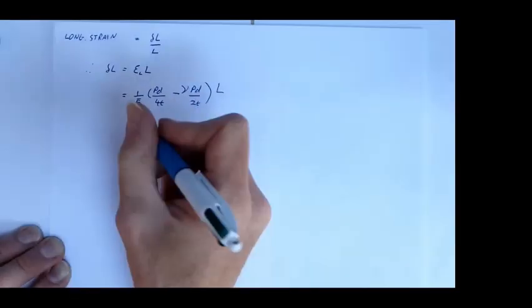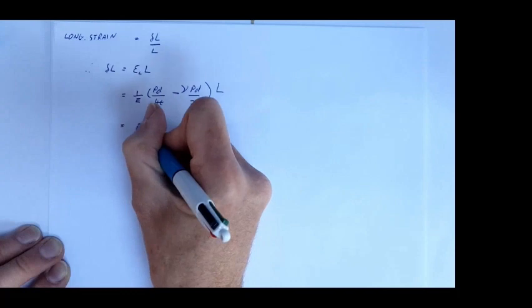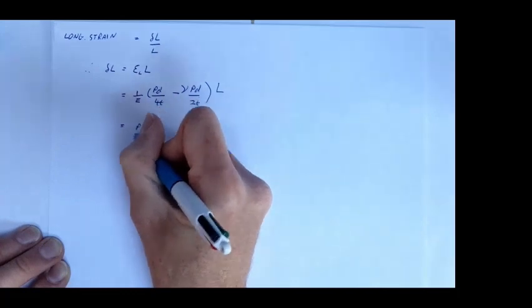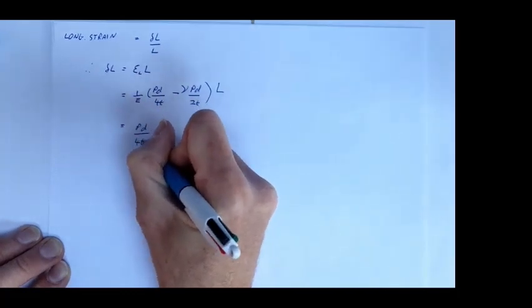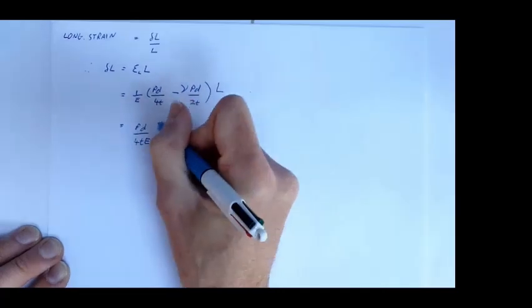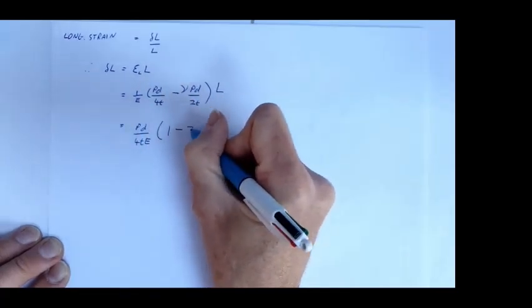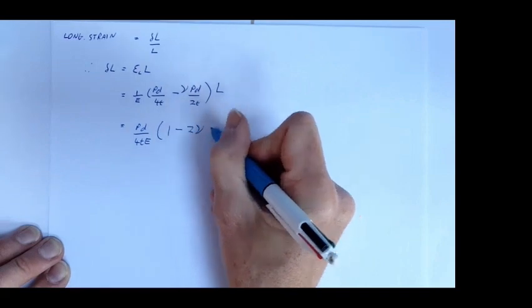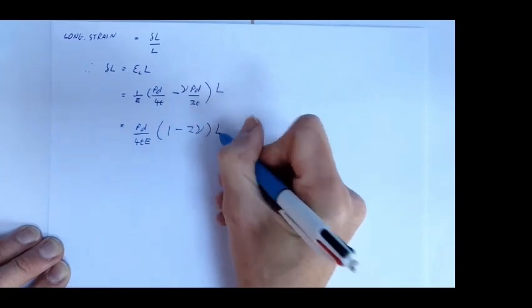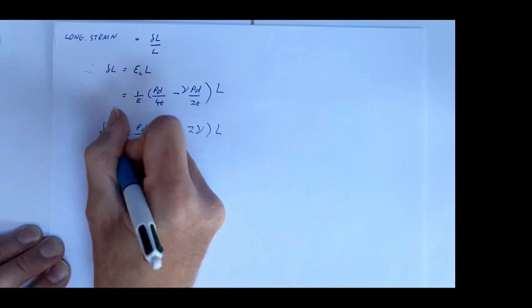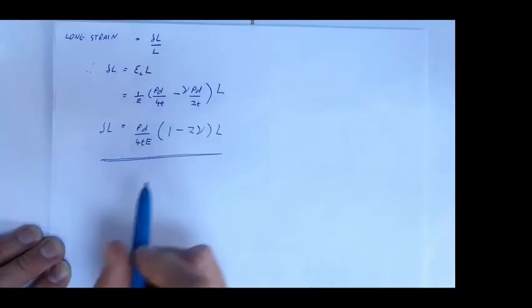Clearly we can factorize that. So we've got PD over 4TE, times 1 minus 2 times Poisson's ratio, times the length. So that's the change in length due to the fact that we're pressurizing the cylinder.